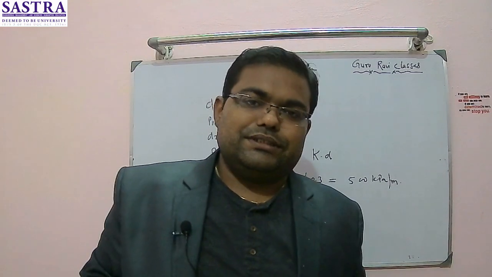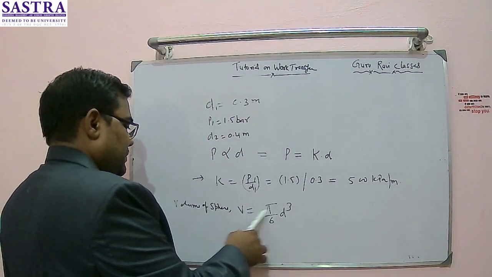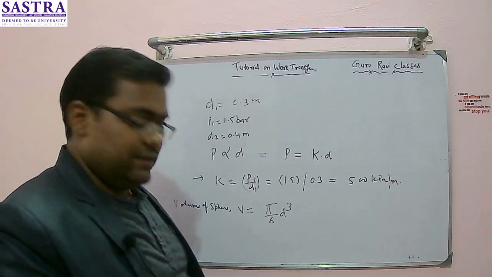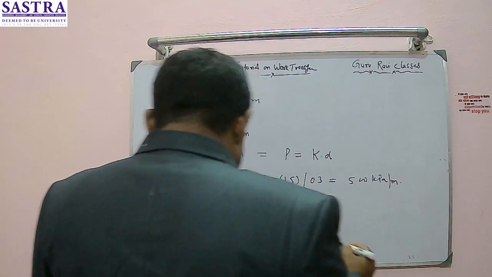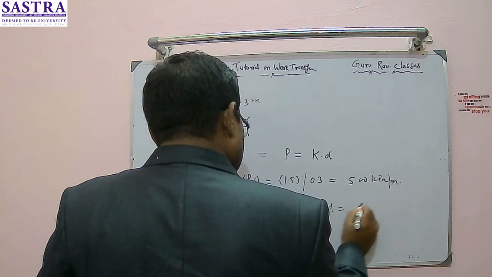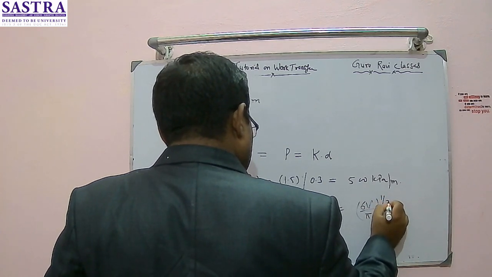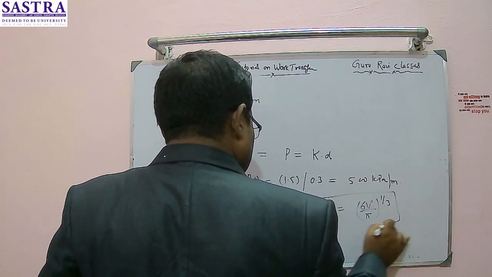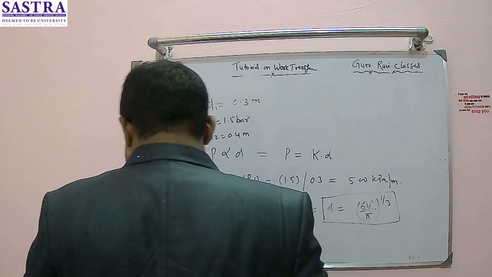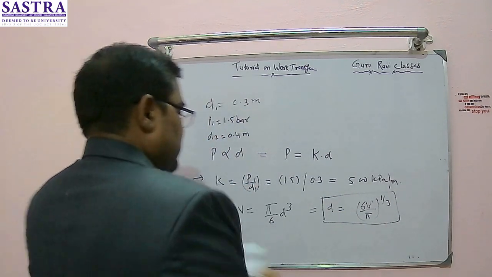My diameter is changing, right? So I need to express this in terms of diameter. I can write diameter is equal to 6 times volume divided by pi, to the power 1 by 3. So this is my diameter which I got. So this is over.